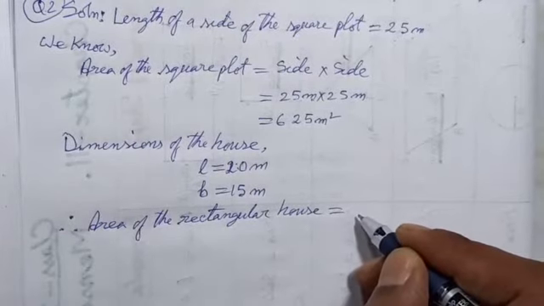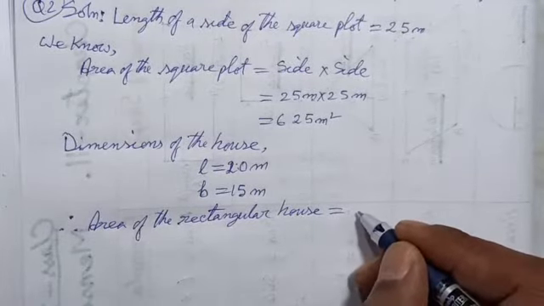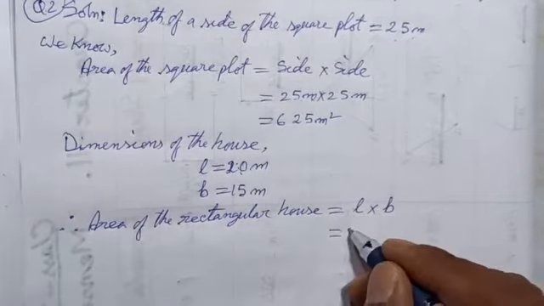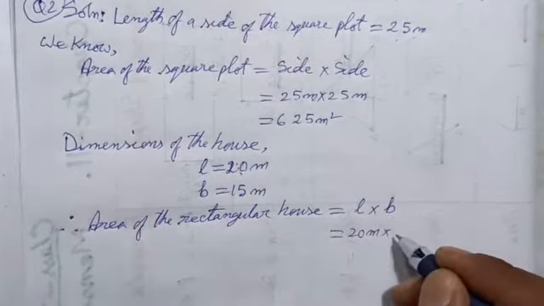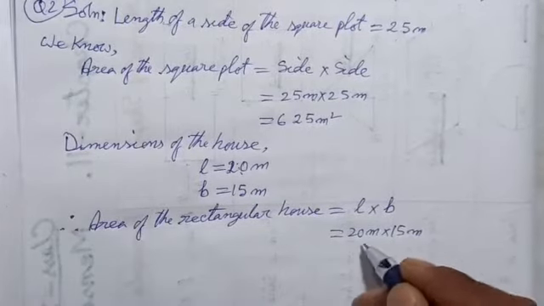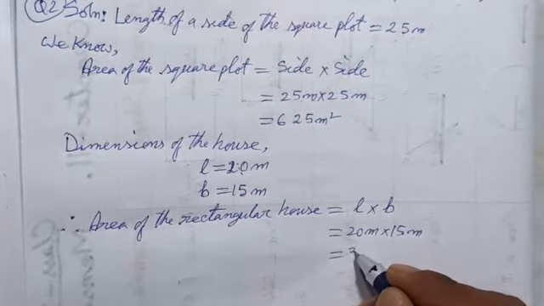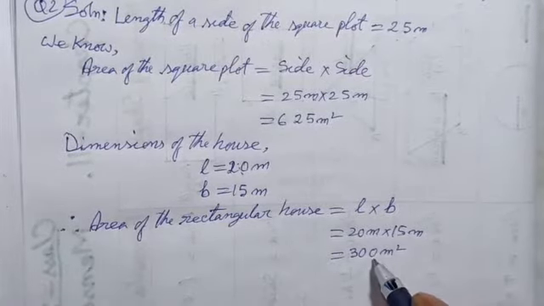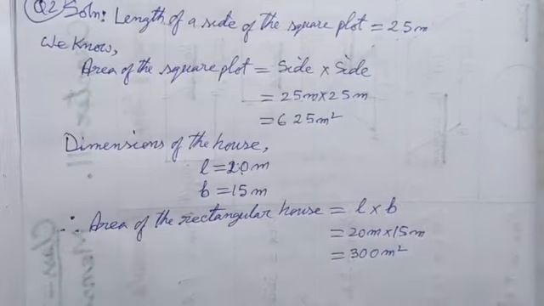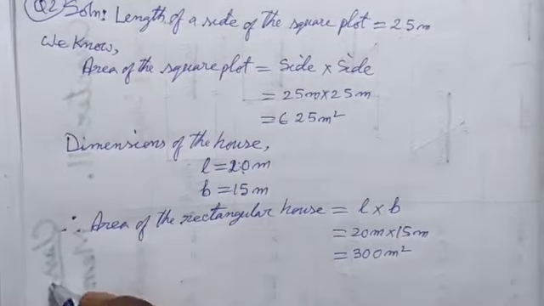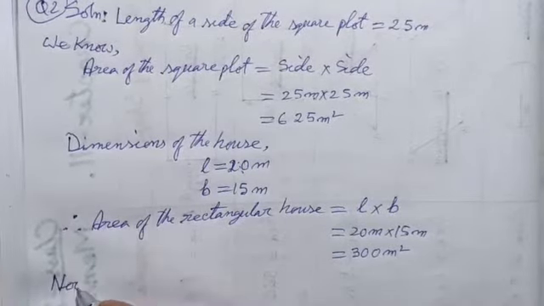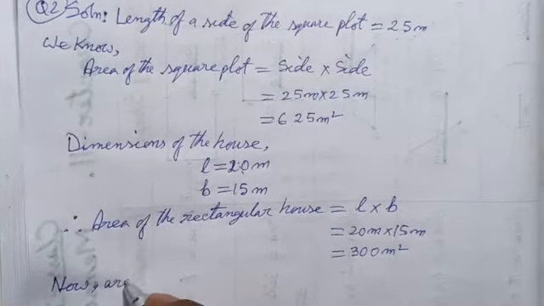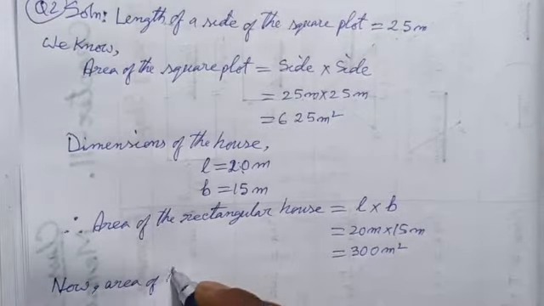The formula to find the area of a rectangle is length into breadth. Length is 20 meter and breadth is 15 meter. 15 into 2 is 30, then one more 0, so 300. Meter into meter is meter square. So this is the area of the rectangular house. Now let's find the area of the garden.